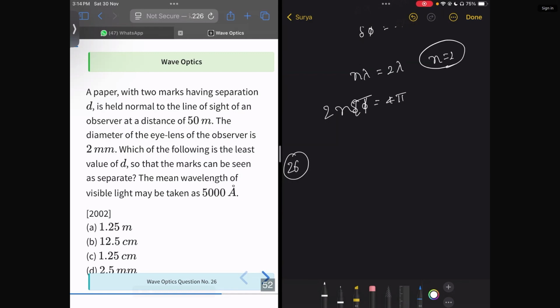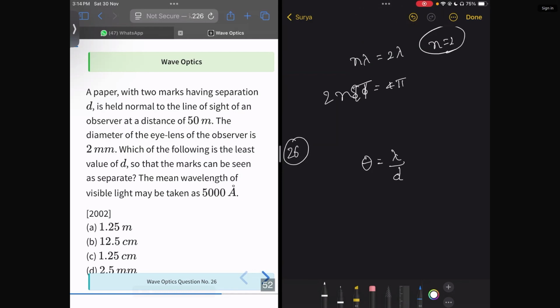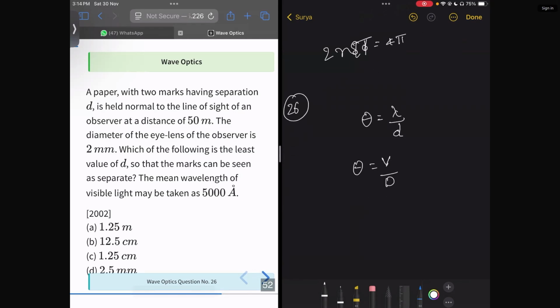The mean wavelength of visible light is 5000 angstroms. So the angular limit of resolution of the eye is theta equal to lambda by d, where d is the diameter of the eye lens. Y is the minimum separation between the two points at a distance D from the eye. So theta is equal to y by capital D. If you equate both, y is equal to lambda capital D by small d.